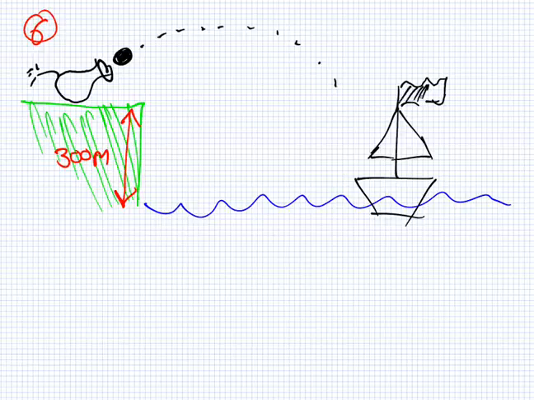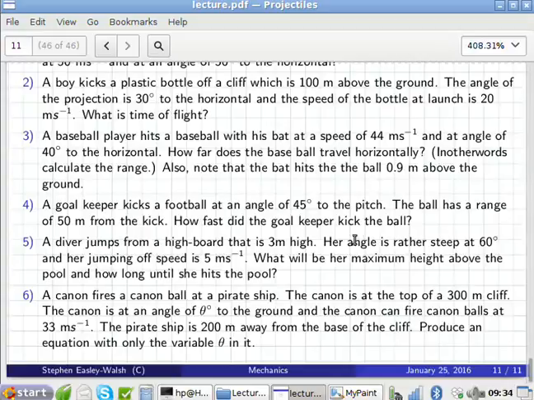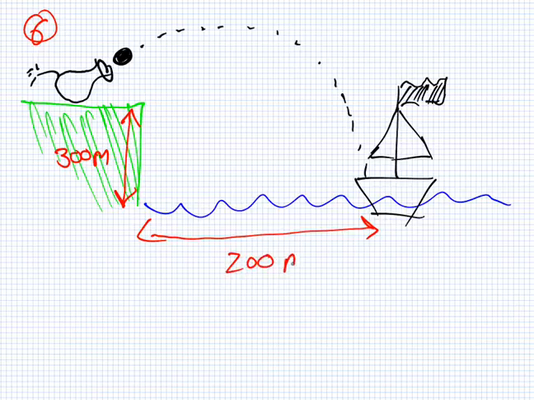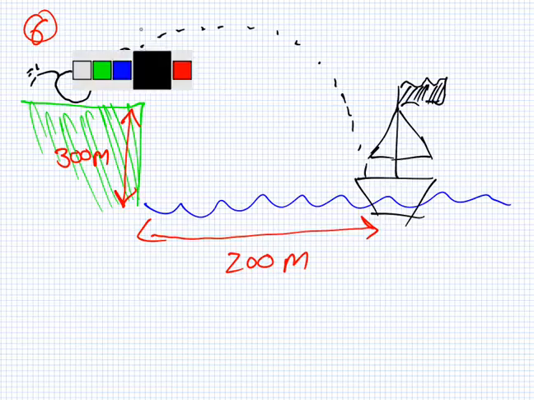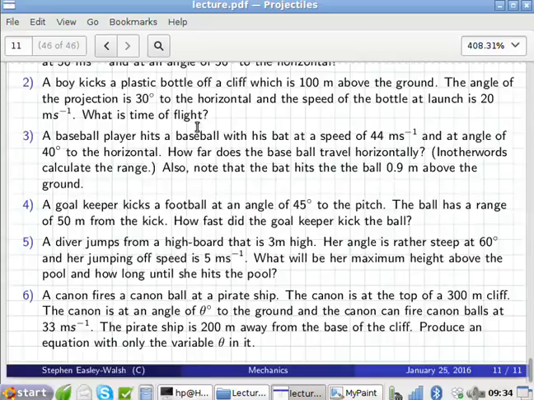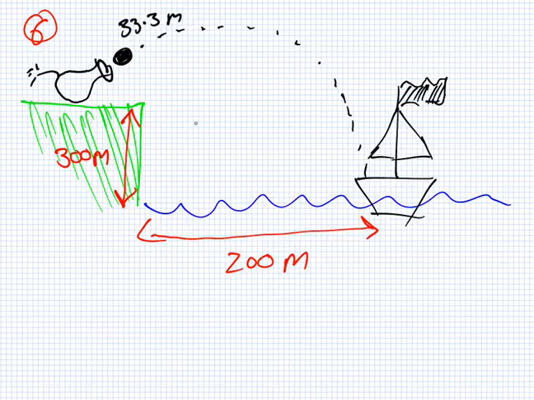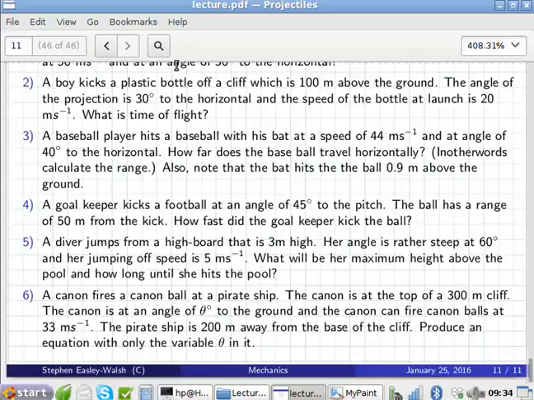Can you make this small? Like this? Yeah. No good.